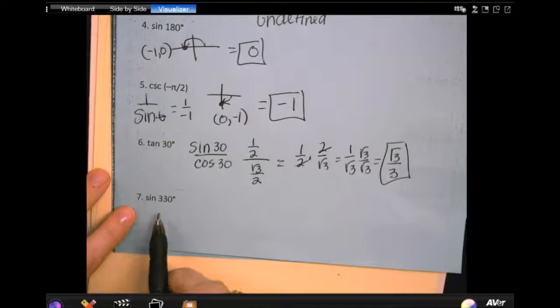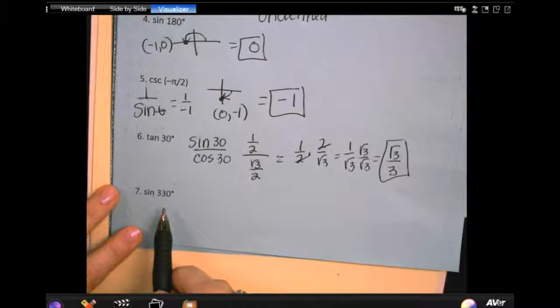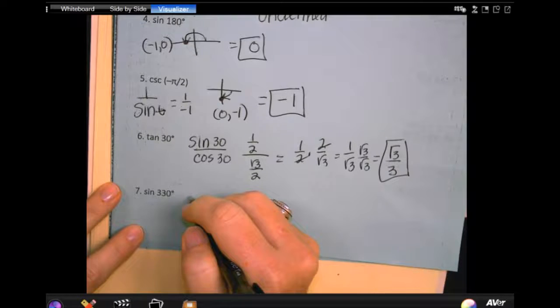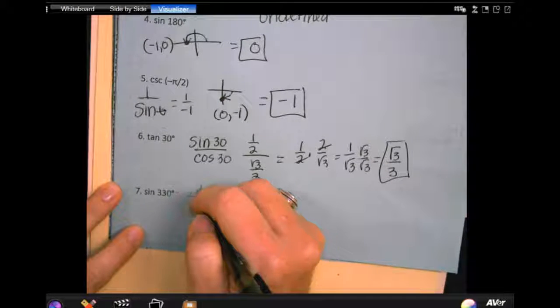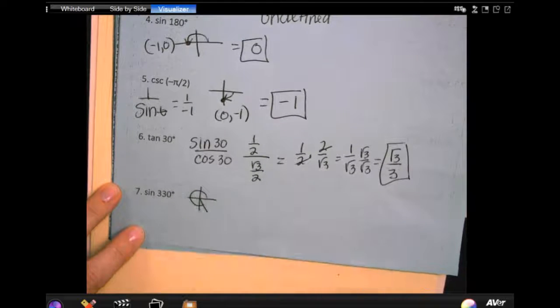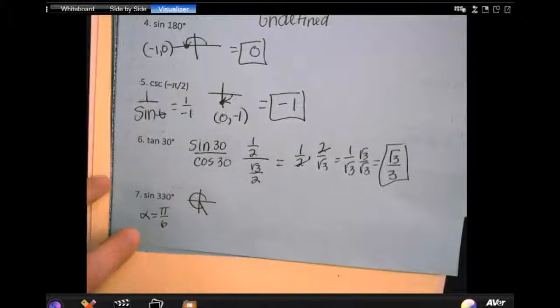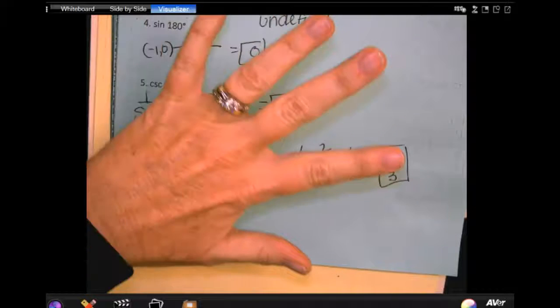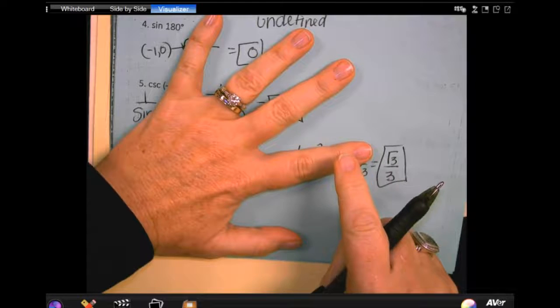So the sine of 330, what's my reference angle for the sine of 330? Pi over 6, right? Because that's here, and it's 30 degrees away. And so pi over 6 is my 30 degrees. So my reference angle is pi over 6, or 30 degrees. So if I look, I want the sine of 30 degrees.